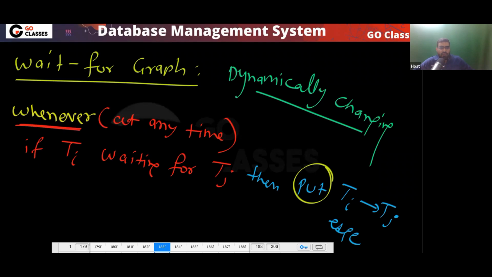And at any point of time, whenever Ti is no longer waiting for Tj, then you remove this edge. So this graph is dynamically changing.